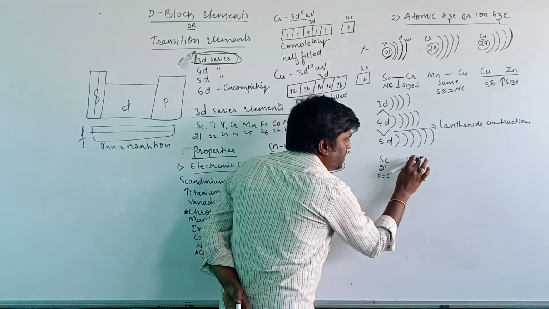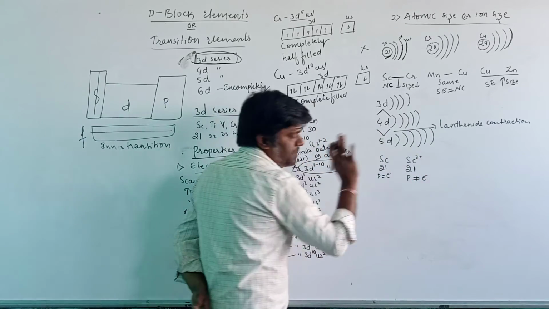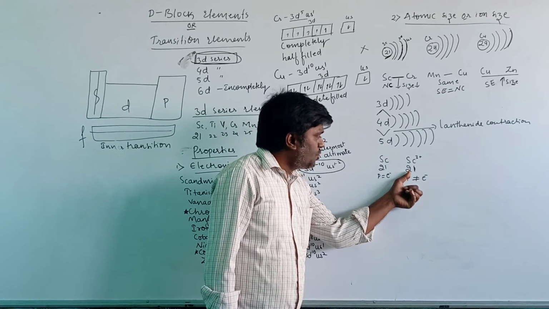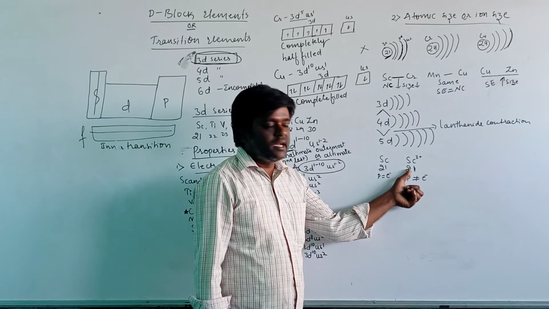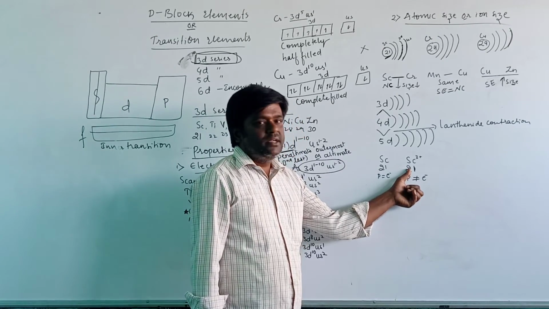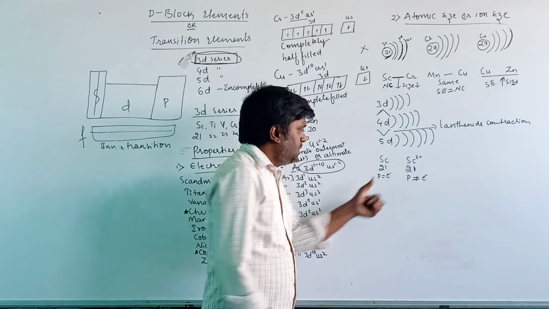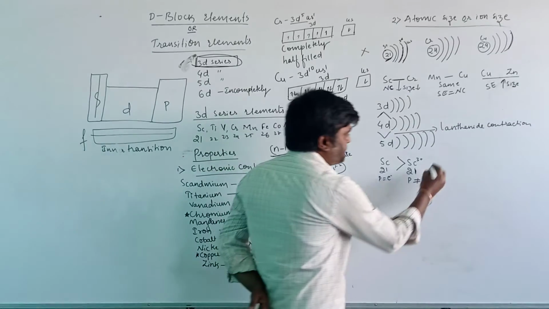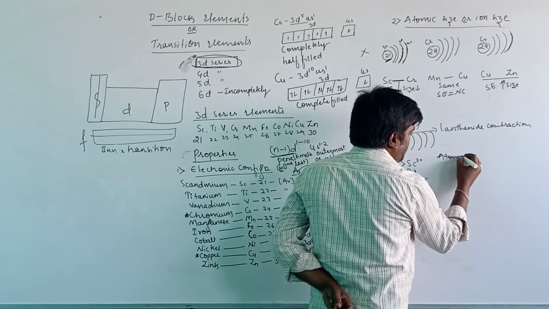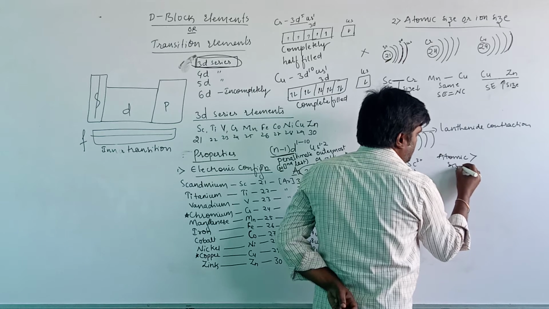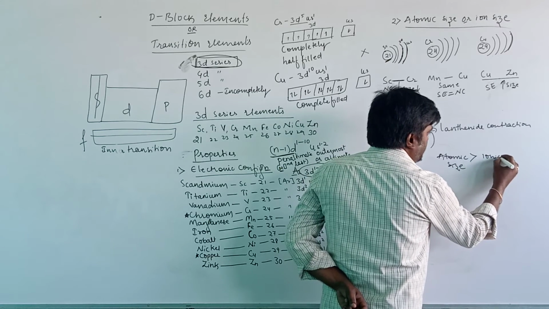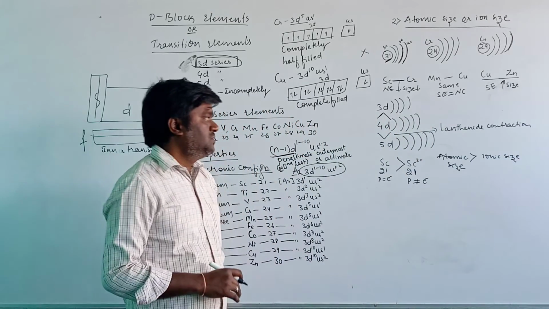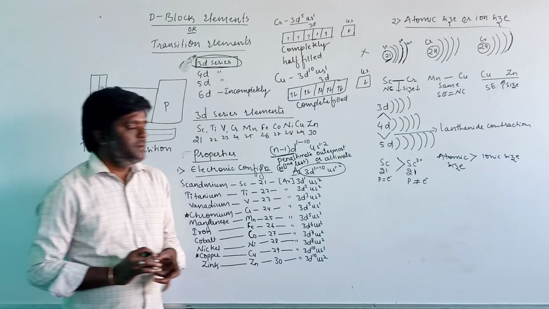Fewer electrons are present in the ion, therefore the dominance of the protons takes place and the nuclear charge will be greater. Then the size will be less, and the ionic size will be lesser than the atomic size. Generally, atomic size is greater than ionic size.